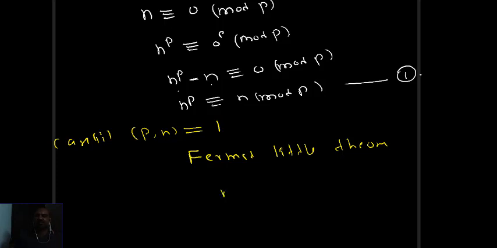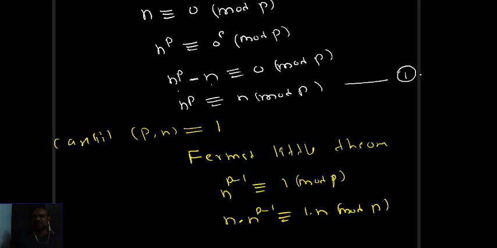P is prime. n power p minus 1 congruent to 1 modulo p. Or I can say from Euler theorem, n power phi of p is congruent to 1 modulo p, phi of p is p minus 1. Okay. Or n into n power p minus 1 congruent to 1 into n modulo p. Or n power p is congruent to n modulo p.